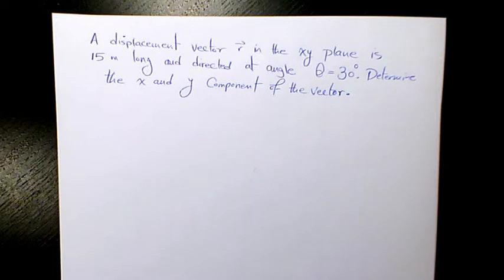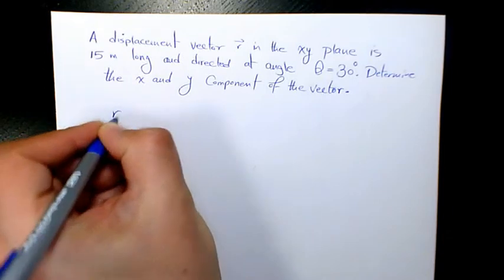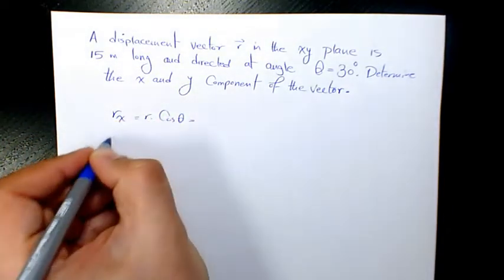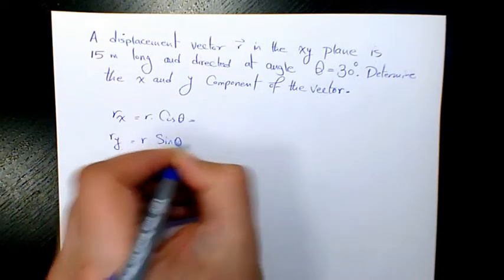In this example, we have a displacement vector r in the xy plane that is 15 meters long and directed at angle theta equals 30 degrees. Determine the x and y component of the vector. So here we can say rx equals r times cosine theta and ry equals r times sine theta.